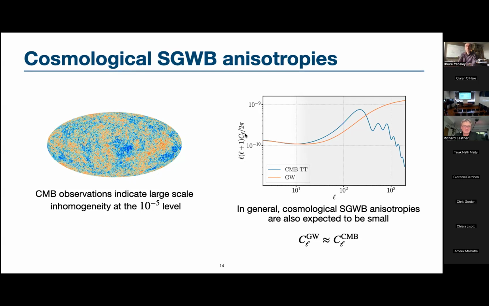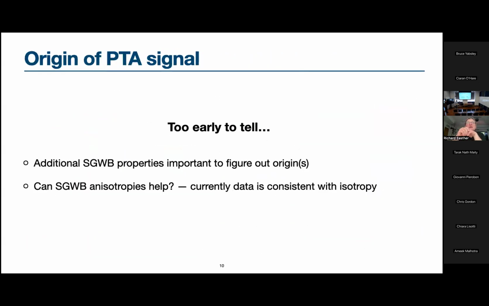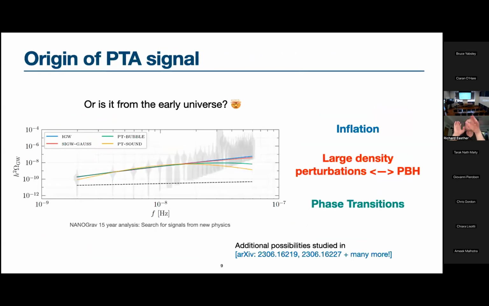Okay. Do we have any other questions? One more. Yeah, sure. You may have said this and I may just have missed it, but when people are fitting the cosmological signal, or the pulsar timing signal, there's like a choice between an early universe contribution and a supermassive black hole contribution.